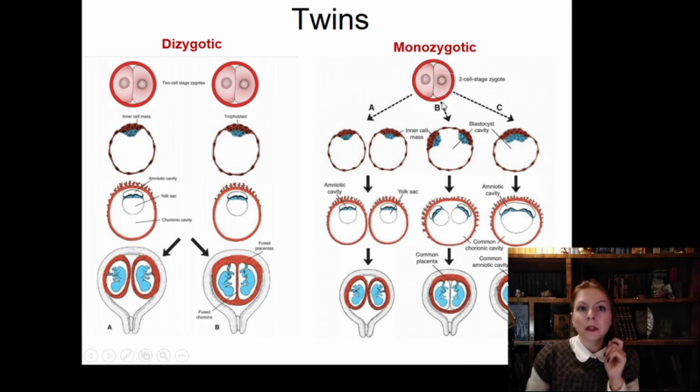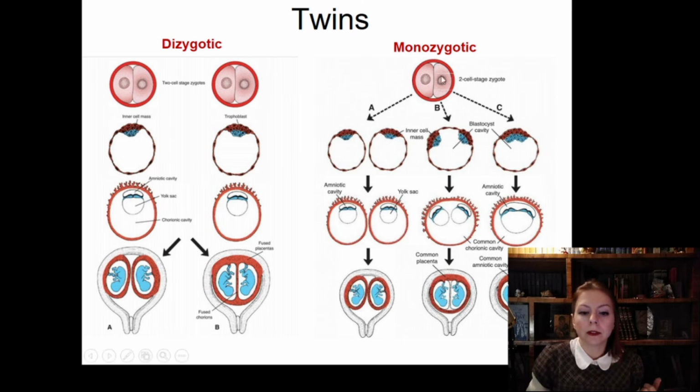And depending on the stage when the zygote decided to split, not zygote, but blastomeres, morula, or blastocyst, depending on the stage of development when the embryo decided to split, we'll see different types of amnion and chorion.